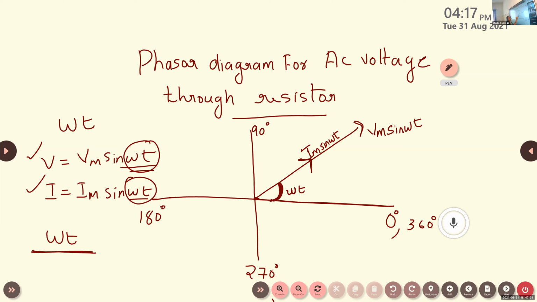That is why the current and the EMF are represented in this manner. It will be more clear when we discuss the phasor diagram of the inductor and the capacitor. So this is the phasor diagram for AC voltage through a resistor.